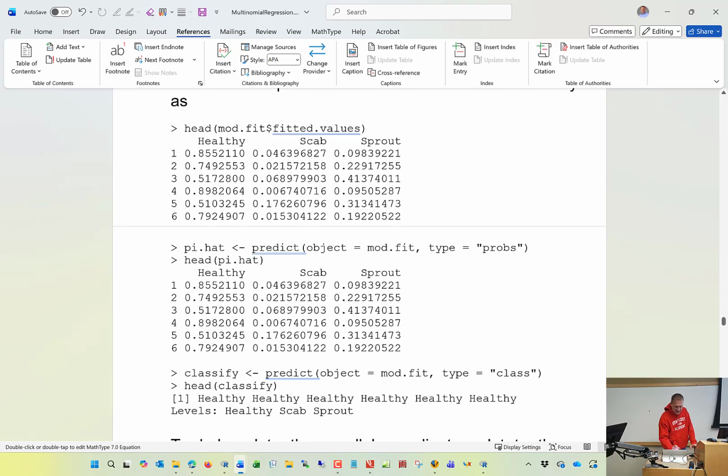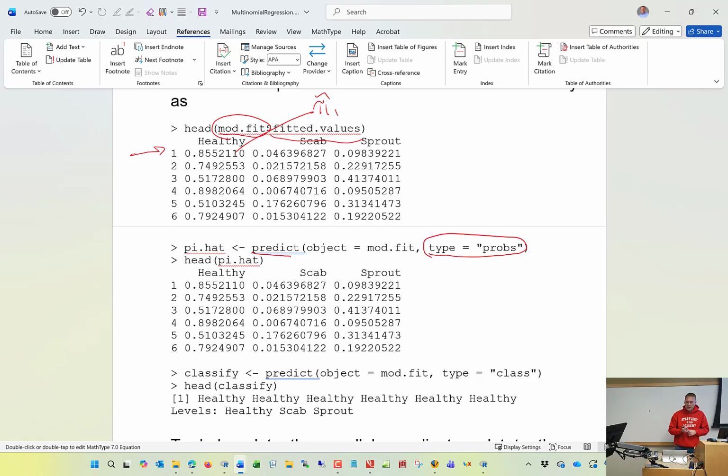The easiest way to get this, though, is you can extract from the model fit the fitted dot values, and you get the corresponding pi hats. There's pi hat 1 for the first kernel, 0.85 for healthy. We can also use the predict function to do exactly the same thing, where we say type equal probs.